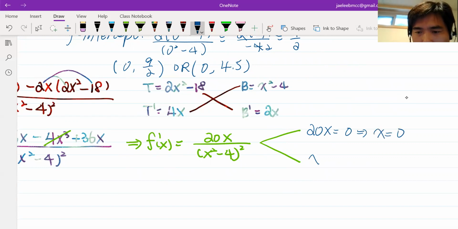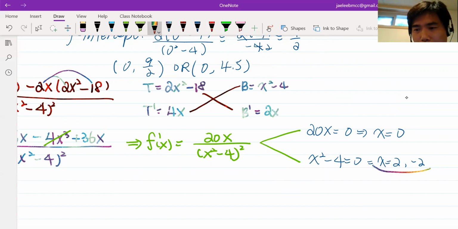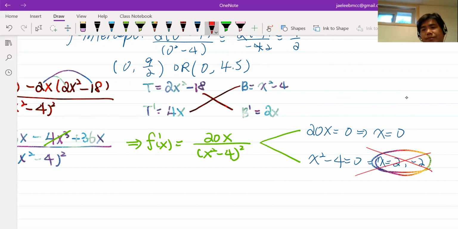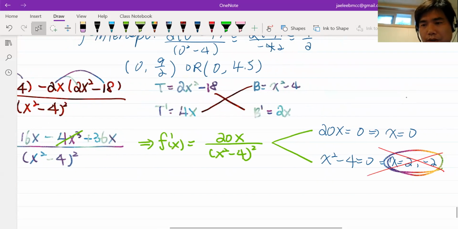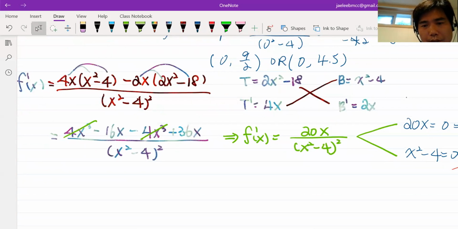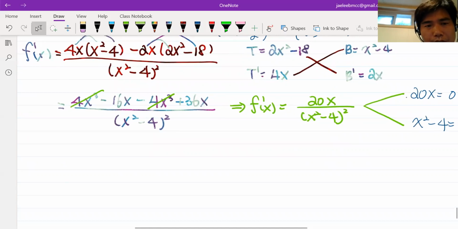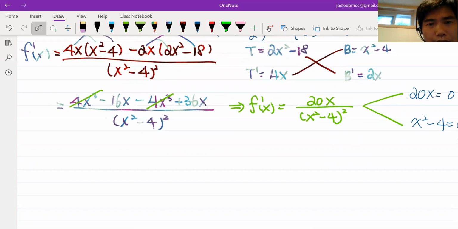And then x² − 4 = 0, therefore x = 2 and x = −2. However, we know that those are already vertical asymptotes, so we don't use them anyway. Okay, so far we found the critical value. The second step is the inflection point, so we are doing the second derivative.